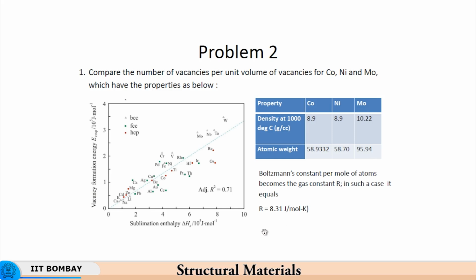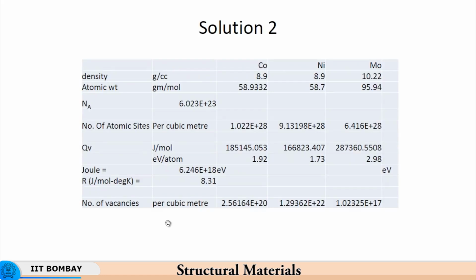And we have been given that the Boltzmann constant per mole of atoms becomes a gas constant R, and so R is equal to 8.31 joules per mole degrees Kelvin. So, we have got a relationship between the energy for vacancy formation and the sublimation enthalpy, and we will use this data to arrive at the number of vacancies per unit volume based on the properties given here.